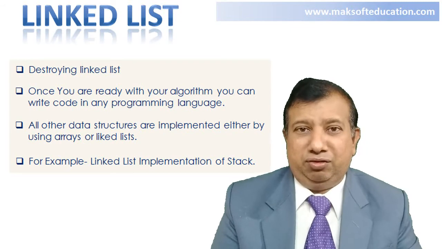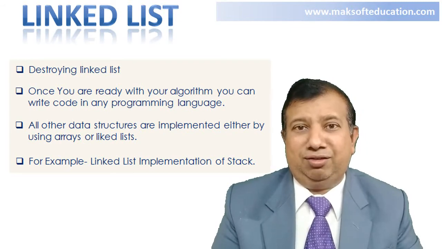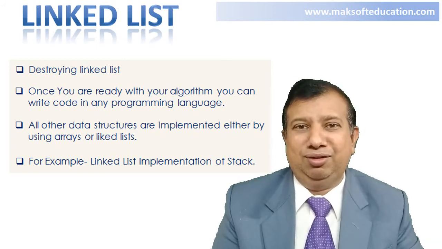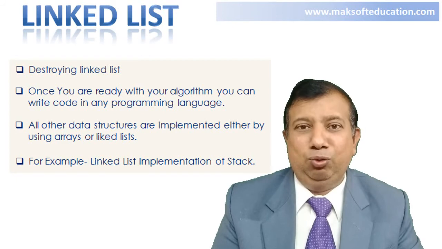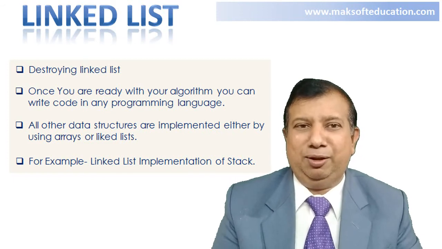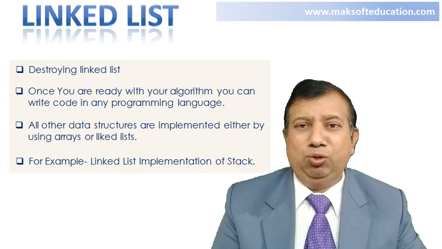That means the stack is there, but all elements, data objects in that stack, are in the form of nodes of a linked list, and therefore we have to use linked list operations in a stack. So if we are ready with all operations and their algorithms, we can implement any other data structure by using a linked list or by using an array. So we can use these operations for any purpose.